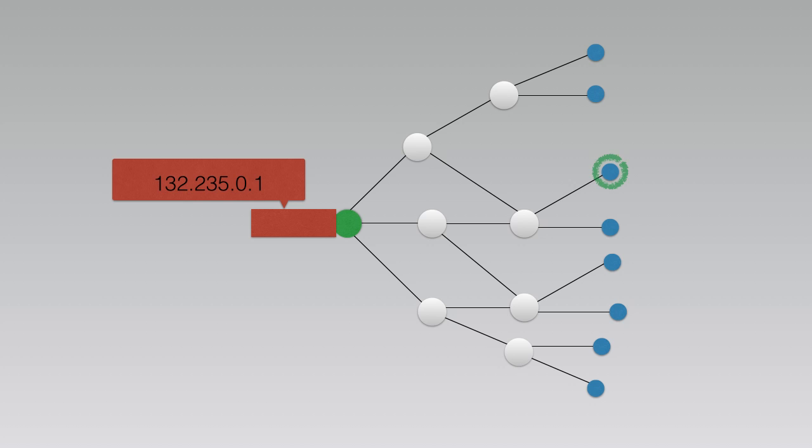Now, since we're all-knowing, we already know that this packet needs to go over here on the right to Ohio University, which has the addresses 132.235.0.0 through 132.235.255.255 assigned to it. Those are the addresses that Ohio University can use.